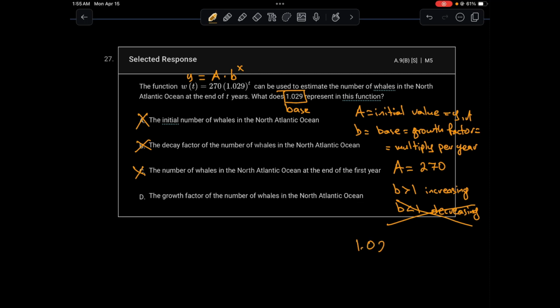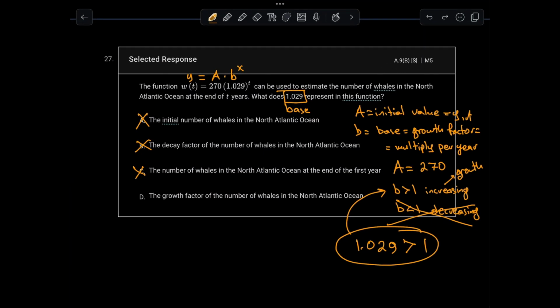Because 1.029 is greater than 1, which means it's increasing, which means it's growth, not decay. Okay. Although, as I said, sometimes we say it's an increasing growth factor or decreasing growth factor. Sometimes you call it like that. But when you just say decay, that just means decreasing.